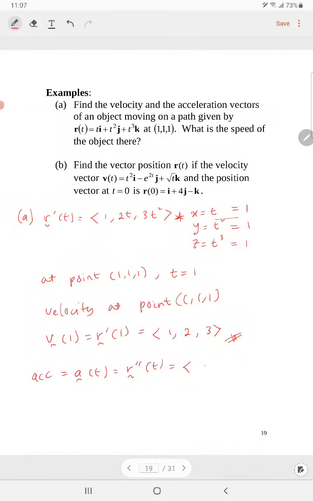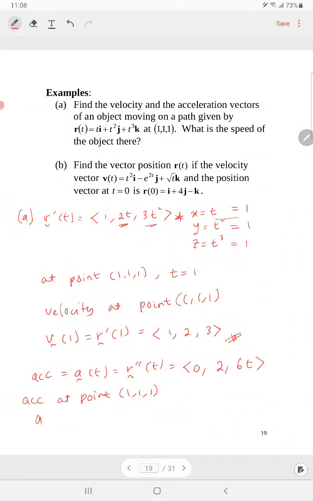Differentiate 1, we get 0. The y component is 2t. Differentiate that, we get 2. The z component is 3t squared. Differentiate that, we get 6t. Now we want the acceleration at point (1,1,1). We know at point (1,1,1), t is equal to 1.